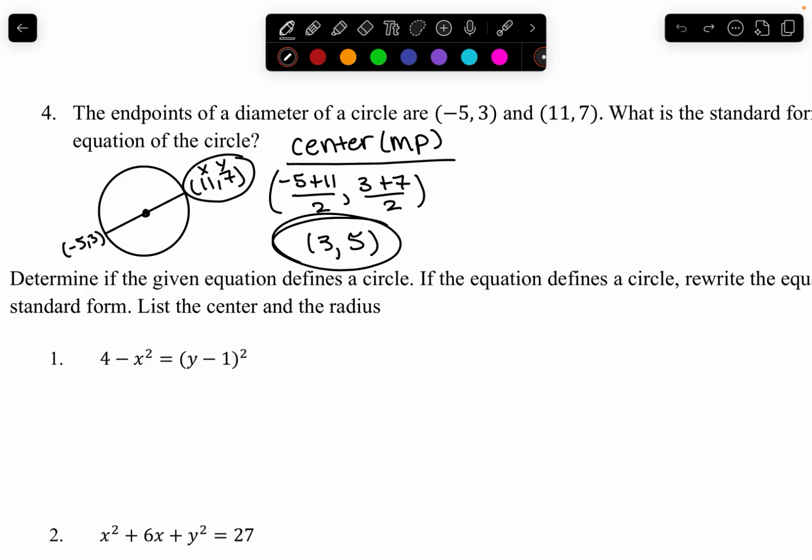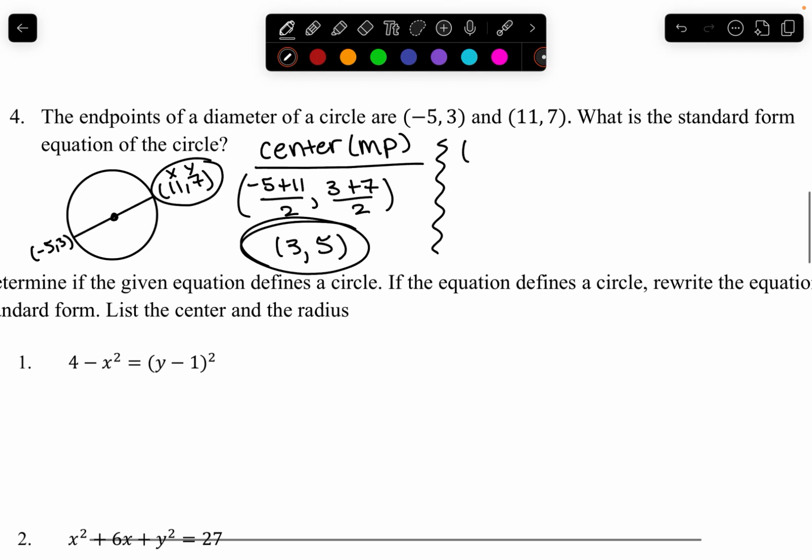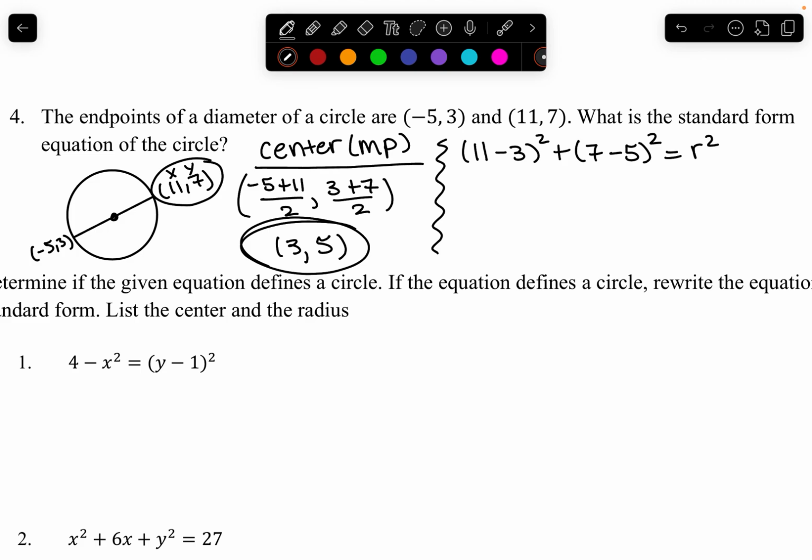Okay, so now I'm going to do this. All right, so x minus h squared plus y minus k squared equals r squared, because I still have to find my radius. I don't know that. This will be 8 squared plus 2 squared equals r squared.